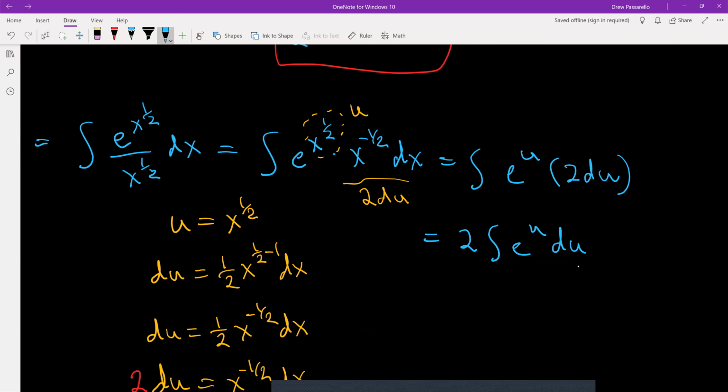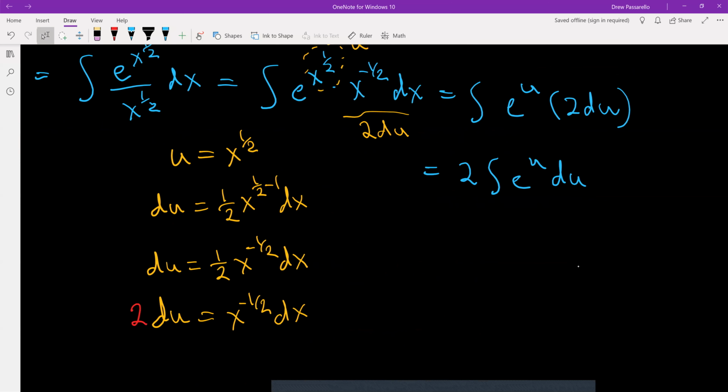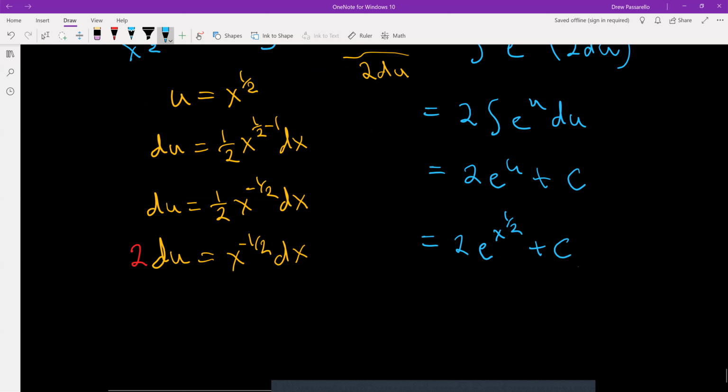And we know integrating e to the u becomes e to the u. So that's 2 e to the u plus c. And then I back substitute what u was. u was x to the 1/2, and I would write anything to the 1/2 as the square root. So it's 2 e to the square root of x plus c.